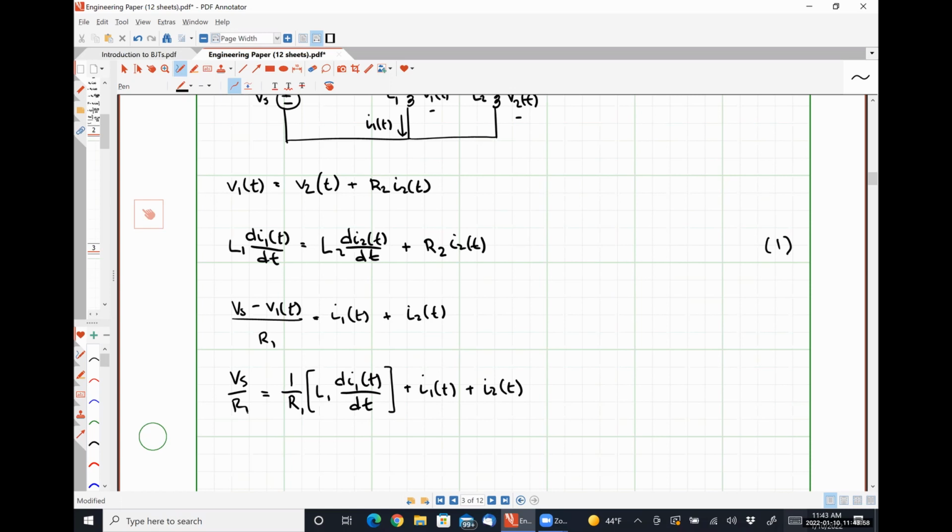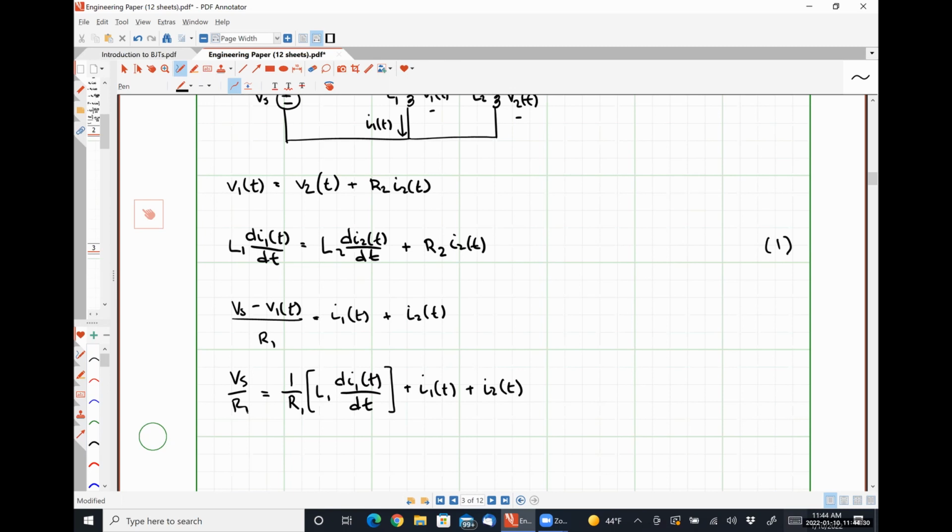Because we know exactly what L di1 by dt would be. But the problem there is we're going to get a derivative of I2 plus a 0th derivative of I2 plus I1 plus I2. So we're still going to need some other relationship to get rid of that I1 that's going to be introduced there.